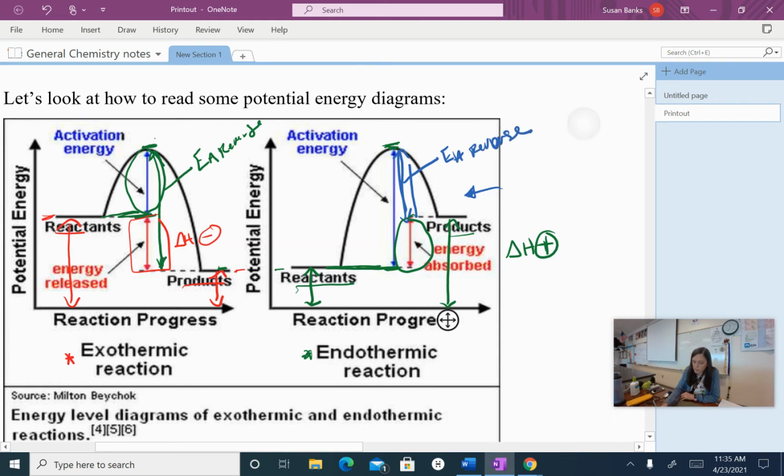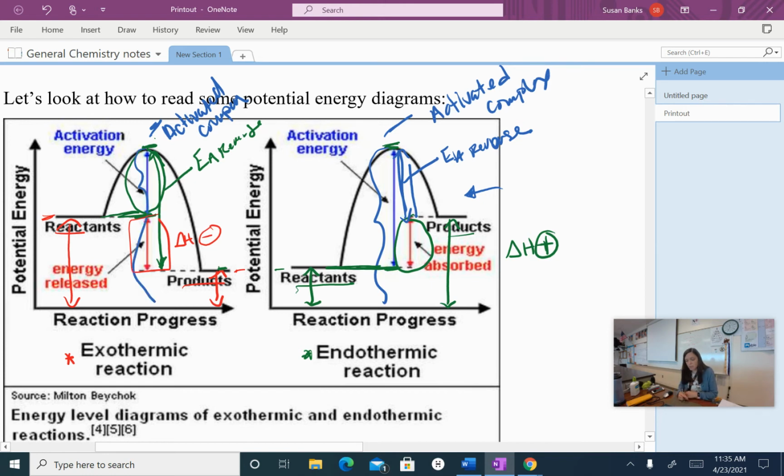Remember, at the very top of the energy curve on both of these is going to be the activated complex. And that is the highest energy point of the reaction. We can measure the energy of that activated complex by going from the top all the way to the bottom of that graph as well.